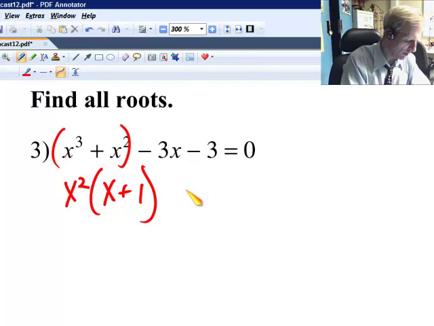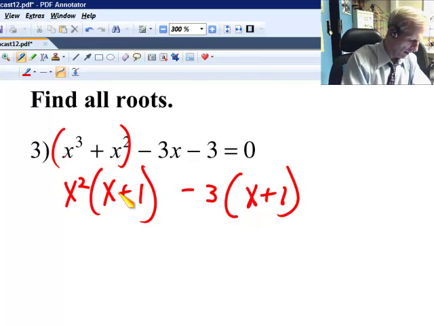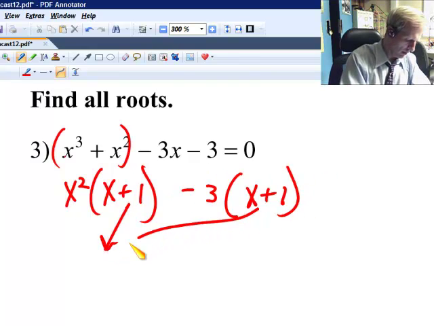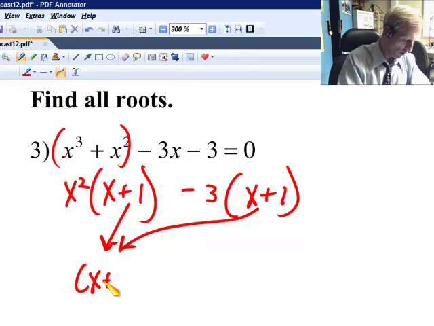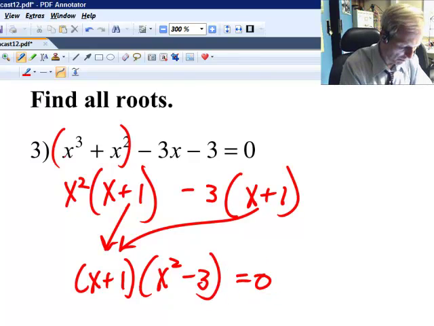And then I factor the second 2 terms. So I'm going to take out negative 3. That will give me that. Then I collect the x plus 1 there, and x squared minus 3 goes there.